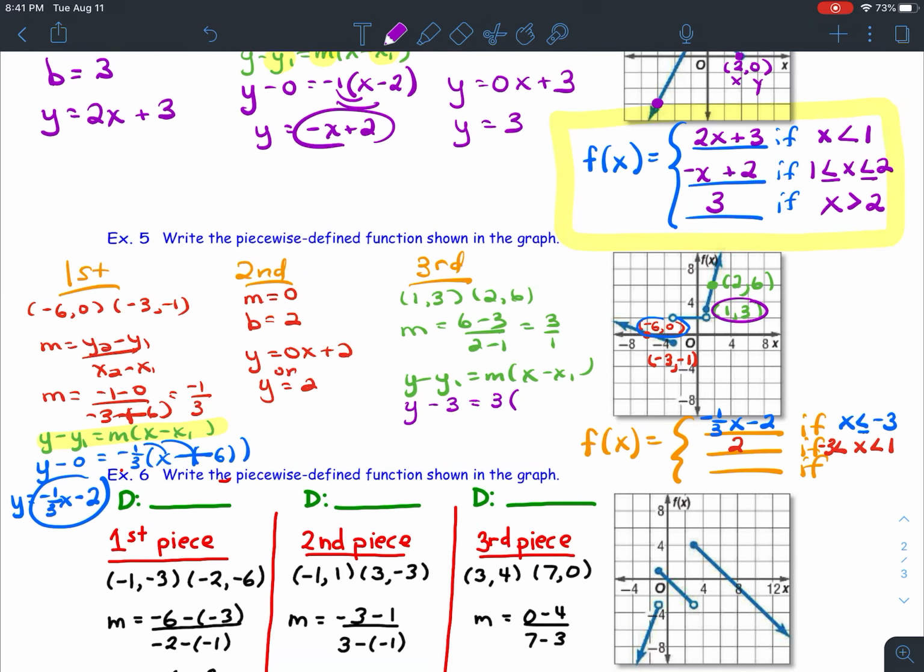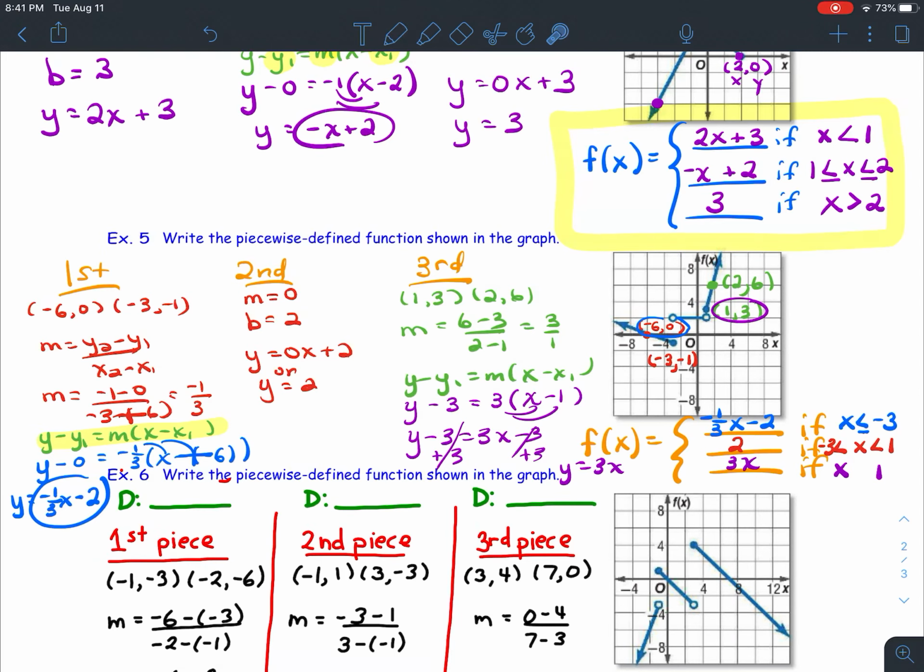Okay, my slope is 3. Then I'm going to use point slope form. Okay, I'm going to go ahead and use the point 1, 3. So I'm going to do y minus 3 equals my slope, which was 3, times x minus 1. I'm going to go ahead and distribute. Add 3, add 3. Looks like I'm left with y equals 3x.